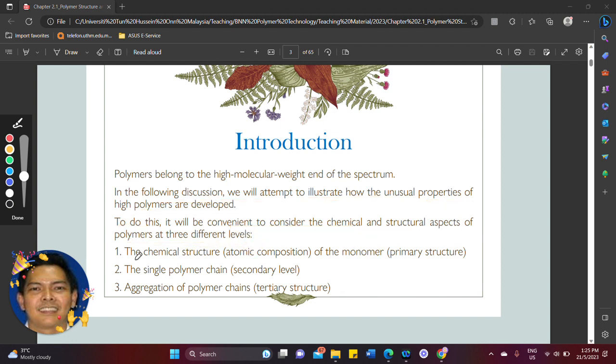The first one is the chemical structure or atomic composition of the monomer, the primary structure. Then we will look into the single polymer chain, the secondary level, and the last one, the aggregation of polymer chains, also known as tertiary structure.